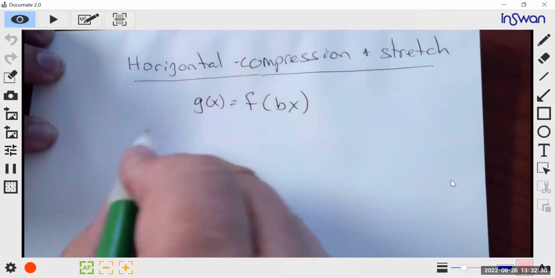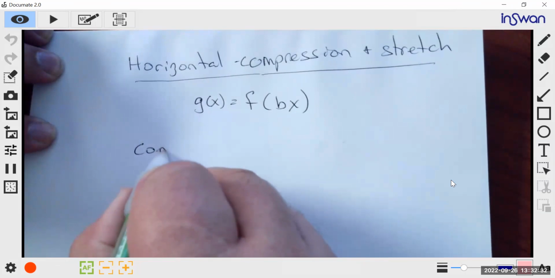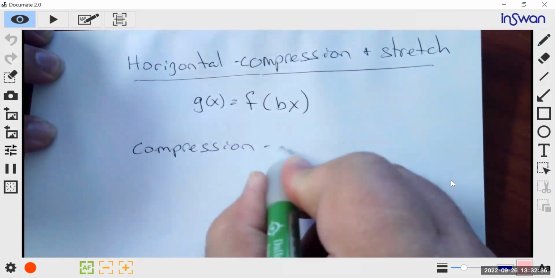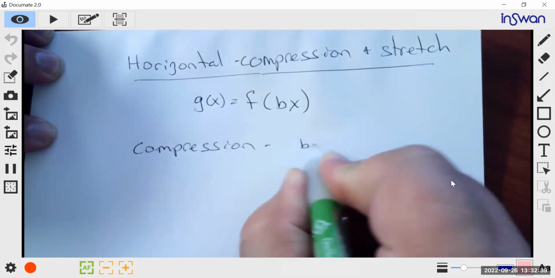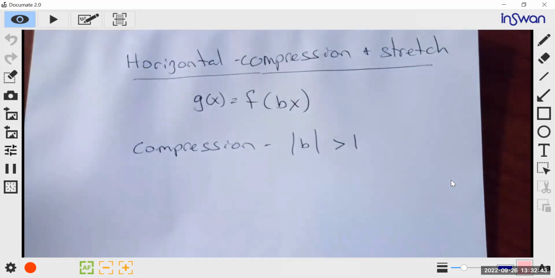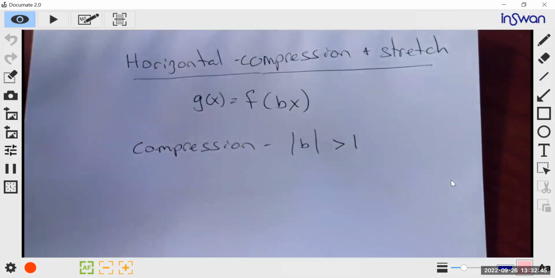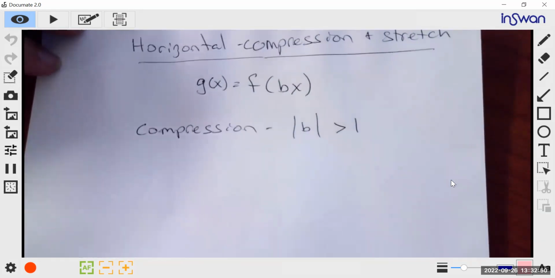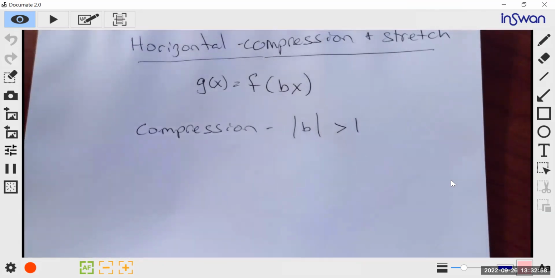Okay, so we have a compression if the absolute value of B is greater than 1. It's a horizontal compression if B, the coefficient of x, is bigger than 1.